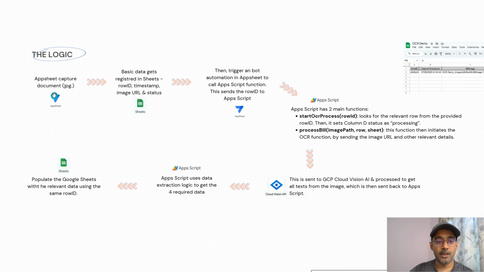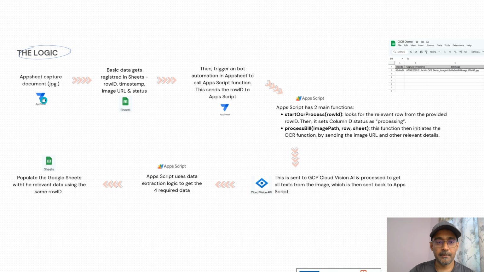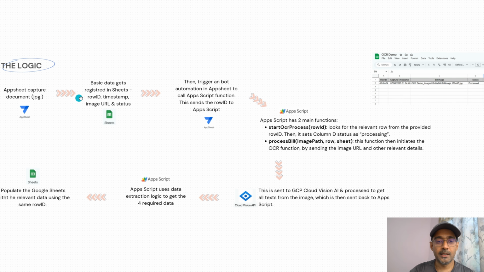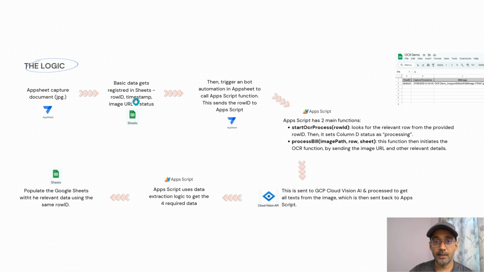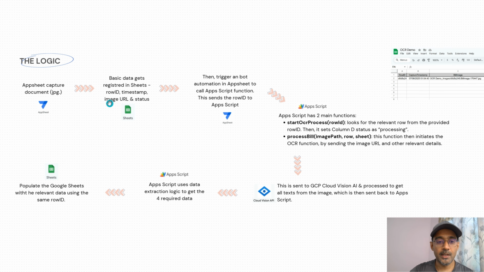You can capture the document, and it gets saved as a JPEG image file. At the same time, the basic data gets registered in Sheets, and this is done by AppSheet itself, not App Script. The information saved is row ID, timestamp, and the image URL.